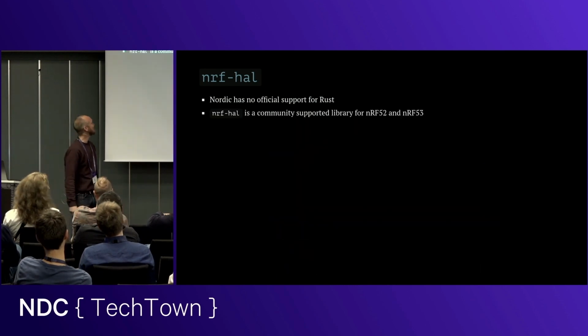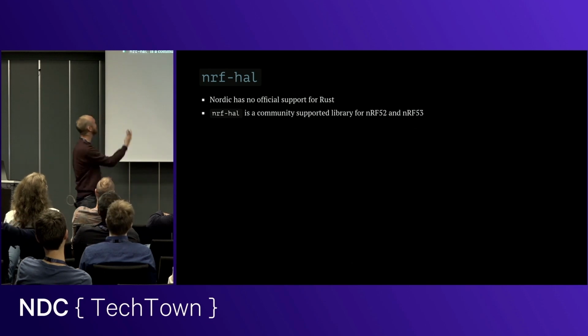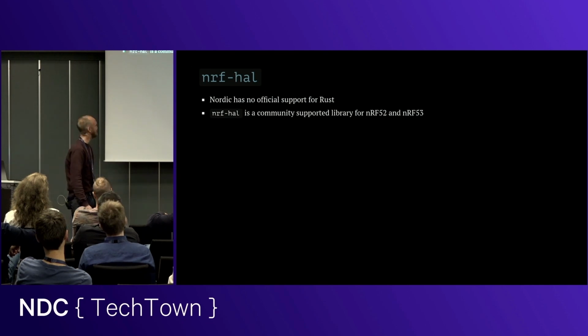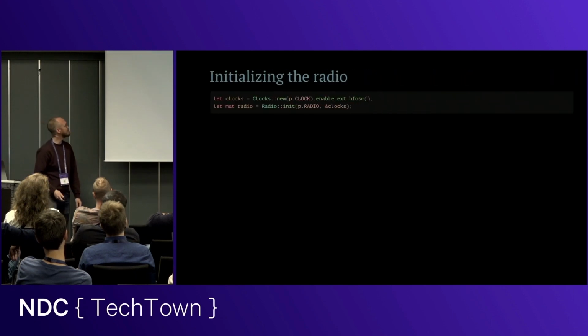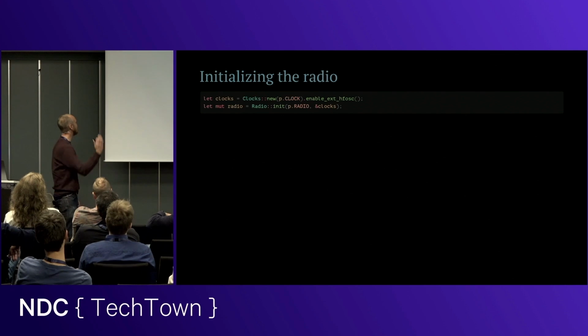But anyway, we don't need Nordic, because we have this great community, and they have made this NRF HAL to support the NRF chip, and that's what we're using today. So we're just going to dive right into it.